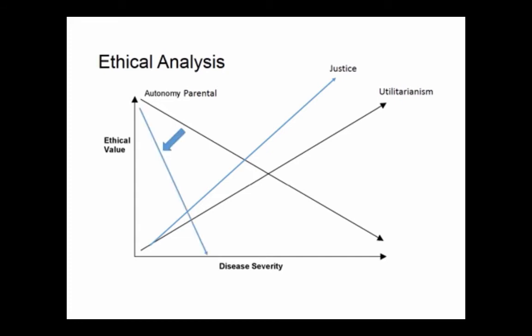However, one may place less of a weight on parental autonomy, as shown in this slide, resulting in the slope going downward to the left, in which case the point at which the line of parental autonomy intersects with justice or even utilitarianism is downward to the left.